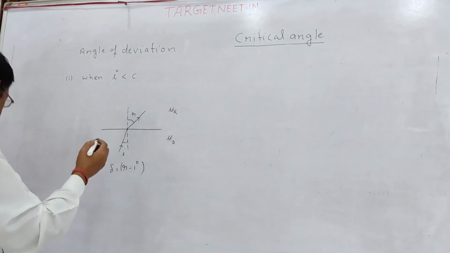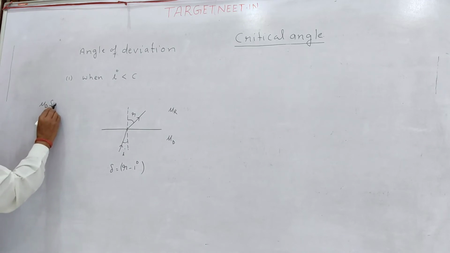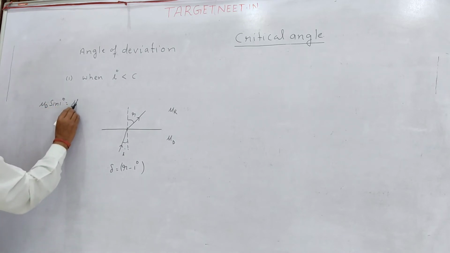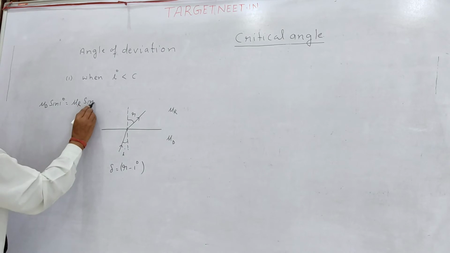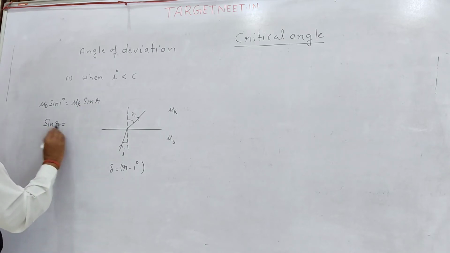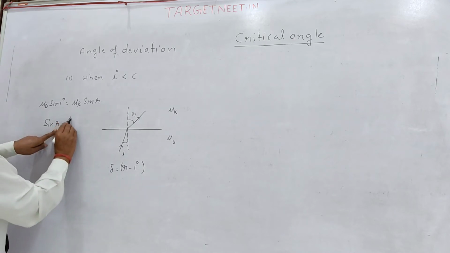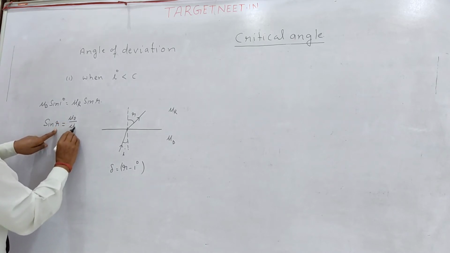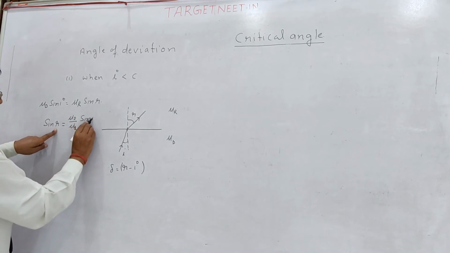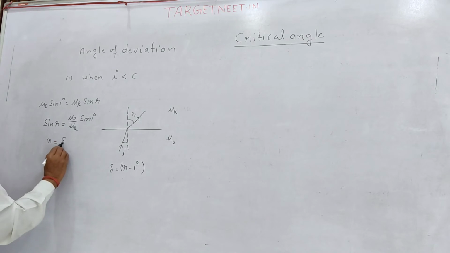By Snell's law, mu d into sine i is equal to mu r into sine r. Sine r is mu d upon mu r into sine i. So r is sine inverse this.